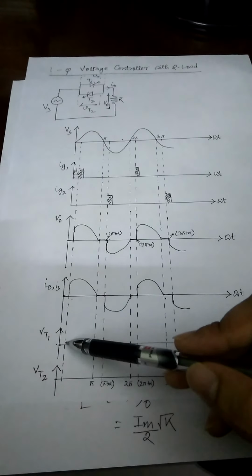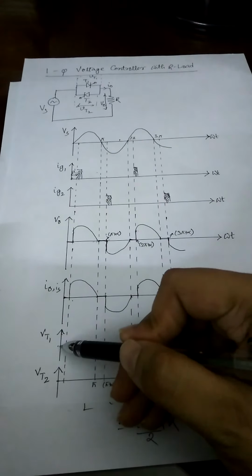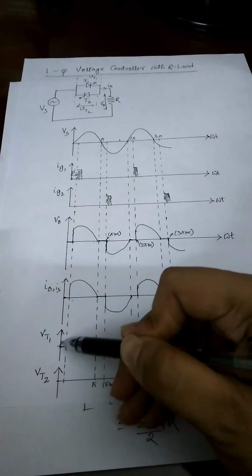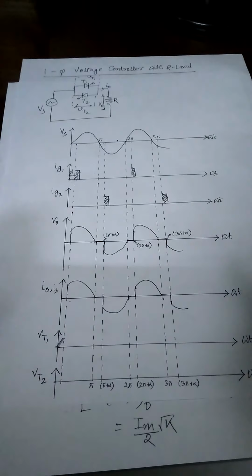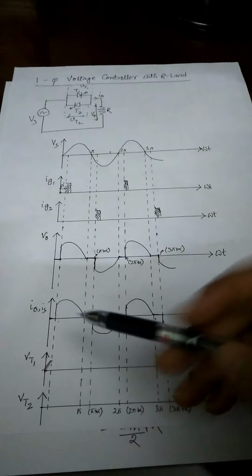So up to alpha the T1 is not in conducting mode, and this thyristor voltage grows like the supply voltage Vs, that means the thyristor voltage VT1 is equal to Vs up to alpha.